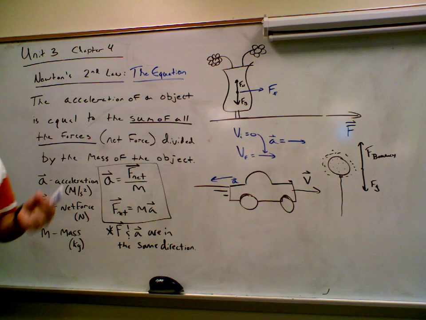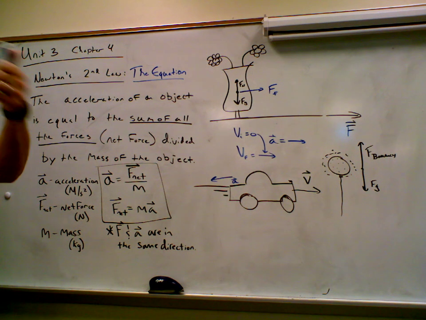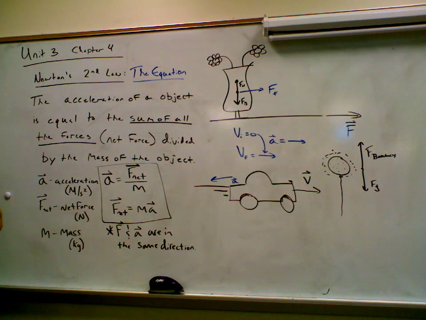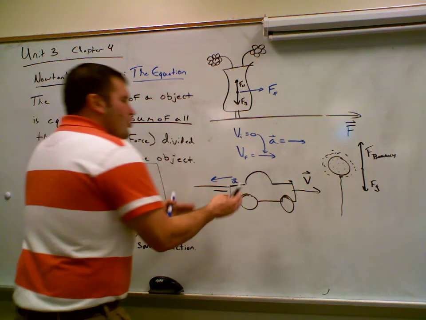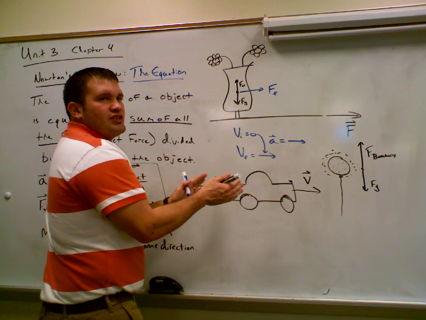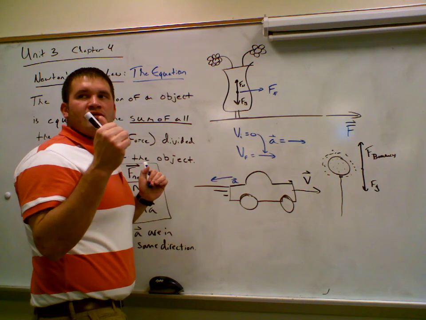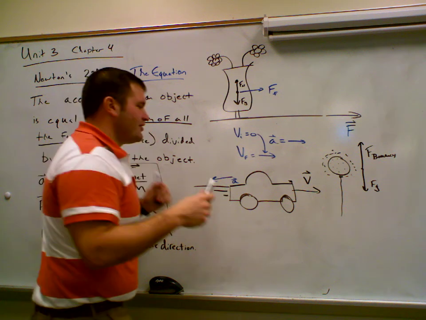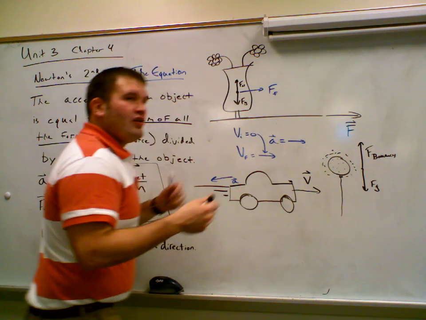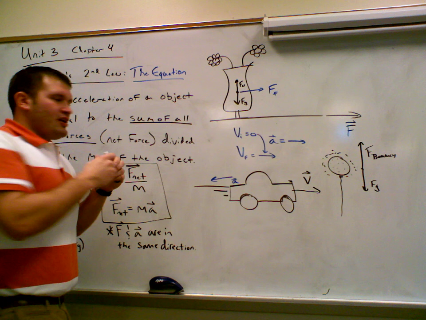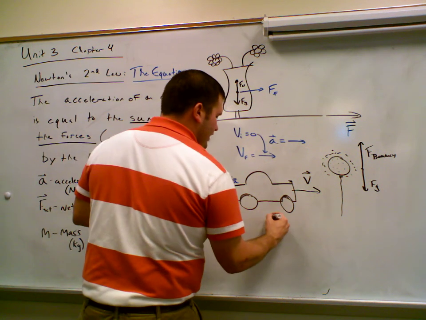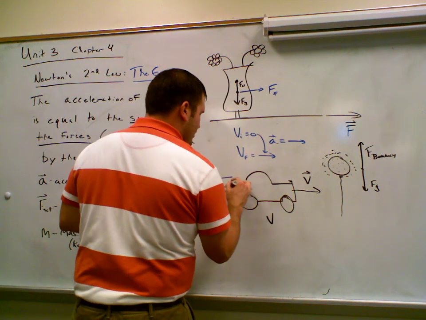Now, what indicates force, guys? Is it velocity or acceleration? Acceleration. So, which way is the acceleration? To the left, right? So the acceleration is to the left, isn't it? Let's say the person's braking. They're applying their brakes, so their brake lights are going off.